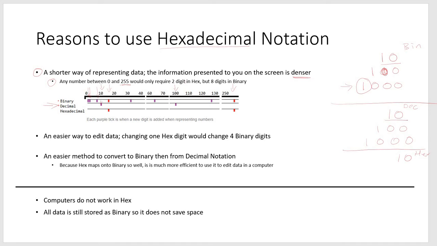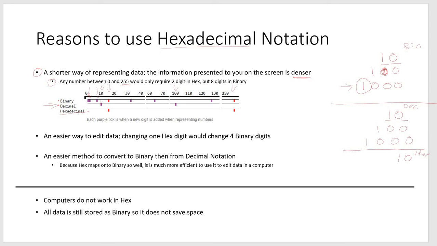So anything up to 255 in hexadecimal notation only requires 2 digits. And 256 would be the one that adds the third digit to it. Okay, so it is clear here that you can represent more with less using hexadecimal notation.